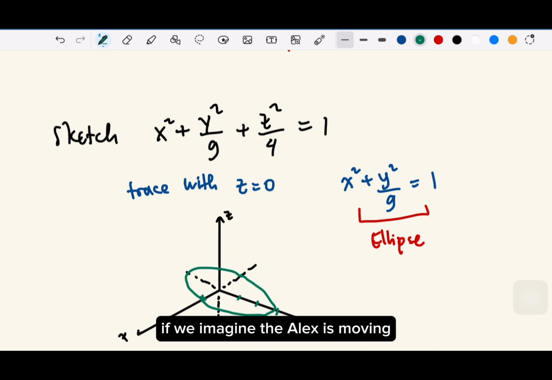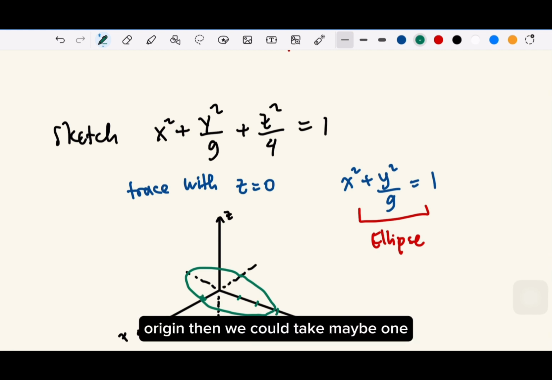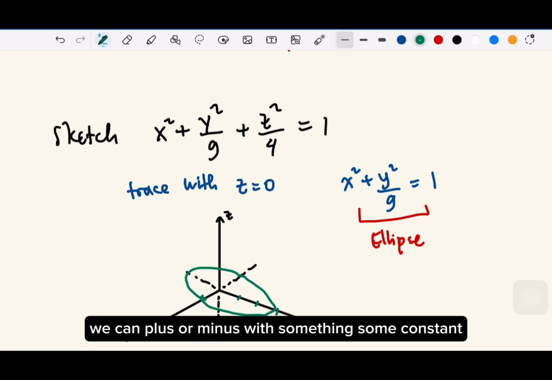If we imagine the ellipse is moving on the z-axis and below the origin, then we could take plus or minus with some constant.